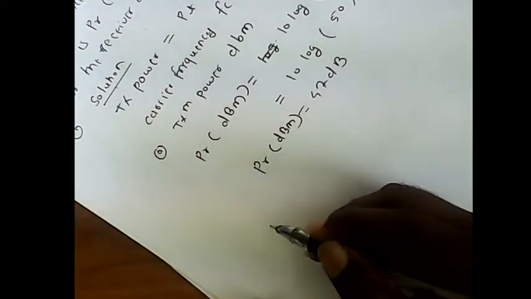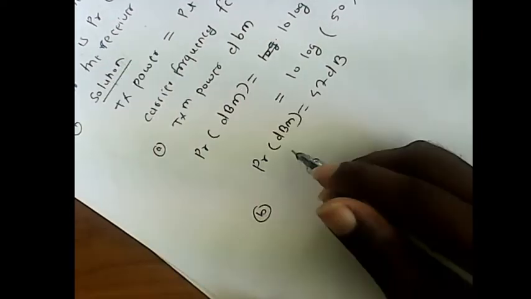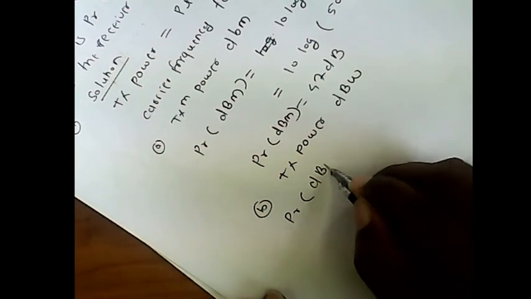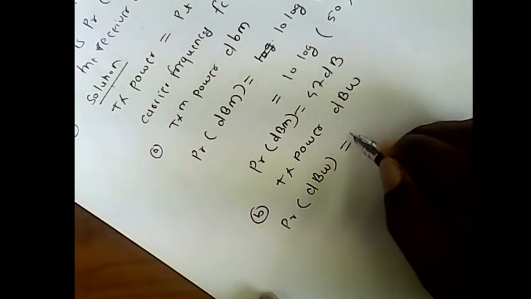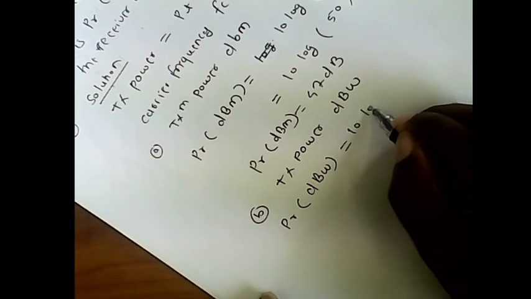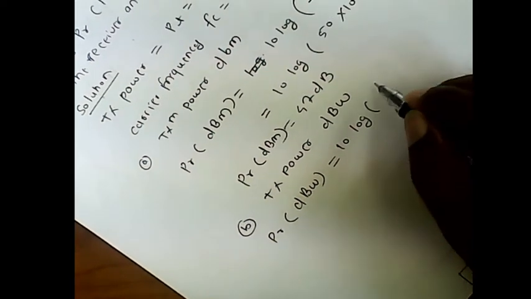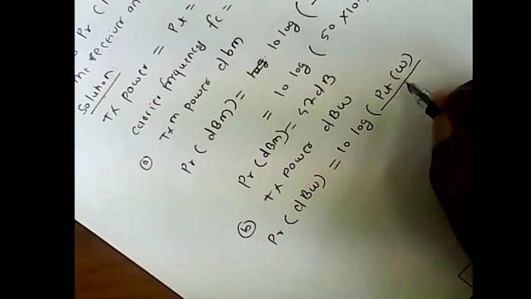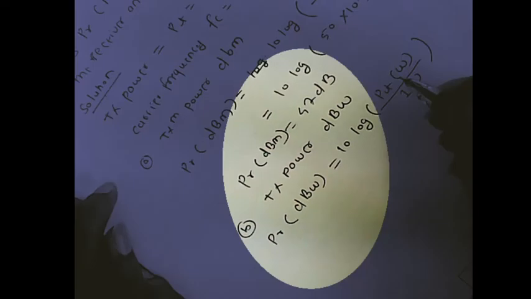So now we also calculate the second. According to the second, the transmitted power in decibel watt. So we can use the transmitted power in decibel watt, 10 log of transmitted power in watt divided by 1 watt. So this is a standardized power, which is a reference value.